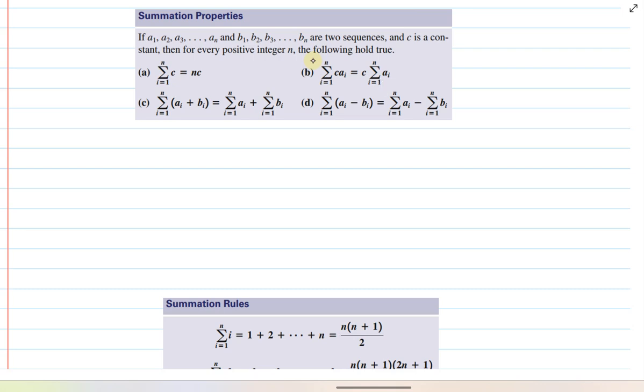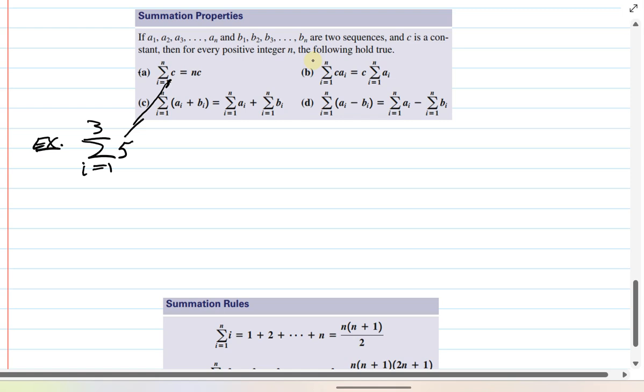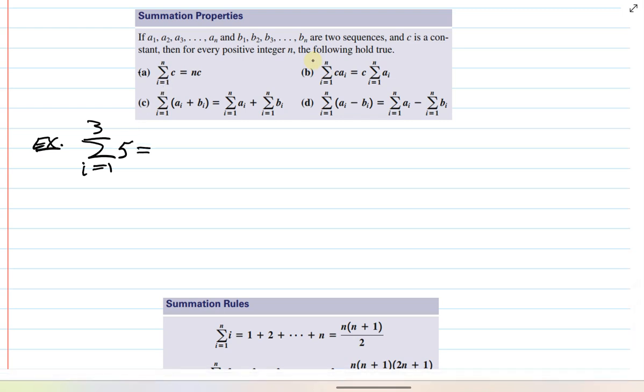Now with that, part A of the summation properties says that if you sum a constant from 1 to n, the result is n times the constant. To give you a quick example, let's say I want to do the sum from 1 to 3 of 5. You see, 5 is the constant here. The C that's in here, that's 5. So first of all, let's write this out and see what this says. Remember, we start with the expression that's in front of the sigma. When i is 1, that's 5, because notice 5 does not depend on i. It's a constant.